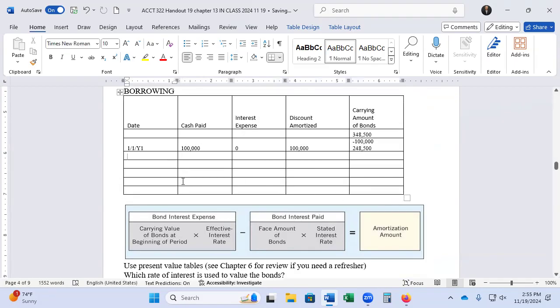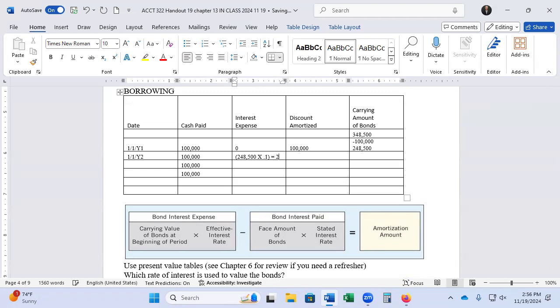Now we go to year 2, and I'm ignoring adjusting entries here. Your cash paid is always going to be 100,000, so you want to put that in there for the number of payments, and so it's 4 payments. Now we're going to calculate the interest expense. So we have 248,500, and we're going to multiply it by 0.1.